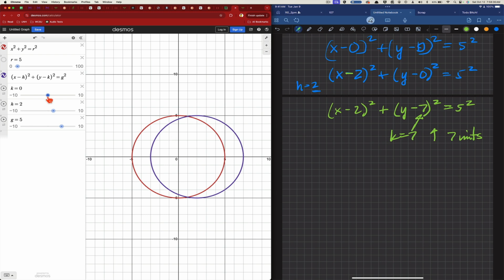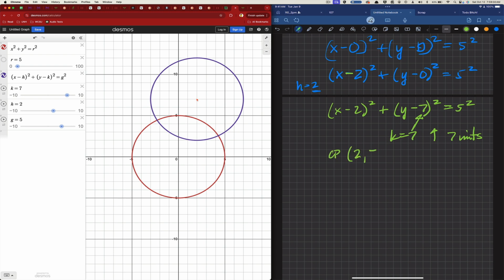So now if I slide this slider out for k to positive 7, my circle shifts up 7 units. 1, 2, 3, 4, 5, 6, 7. There's my new center point. 7 units up from the x-axis. Or you can say my center point is 2, 7.